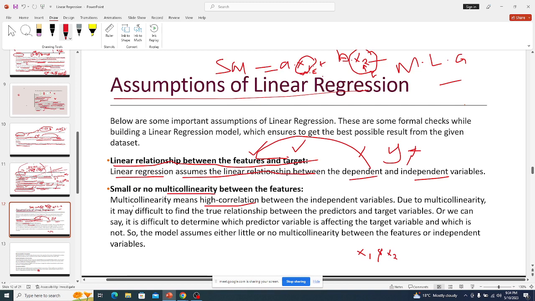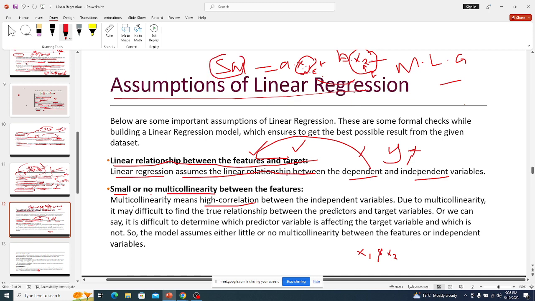If there is correlation, let it be small, or no correlation between these two independent variables. Why? Because if we have high correlation, then we won't know which independent variable is majorly impacting our output.